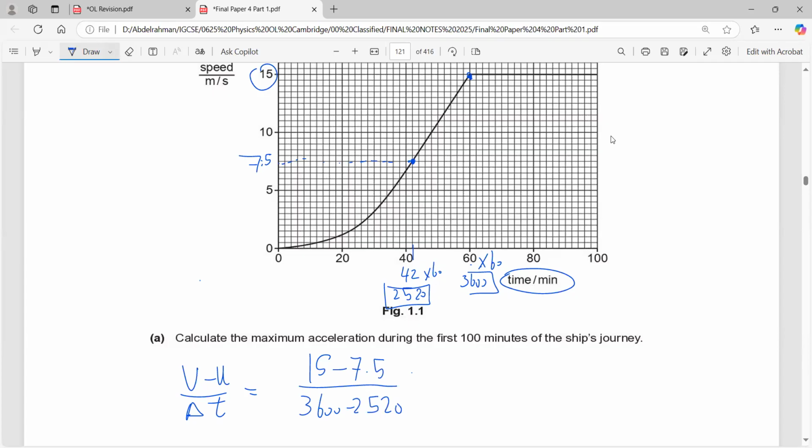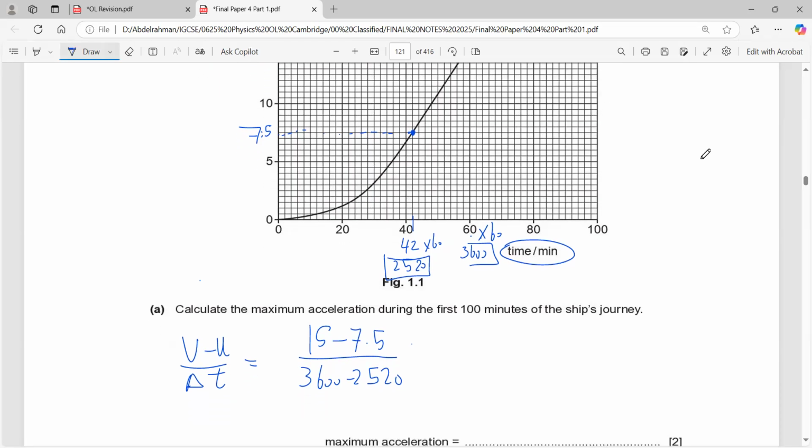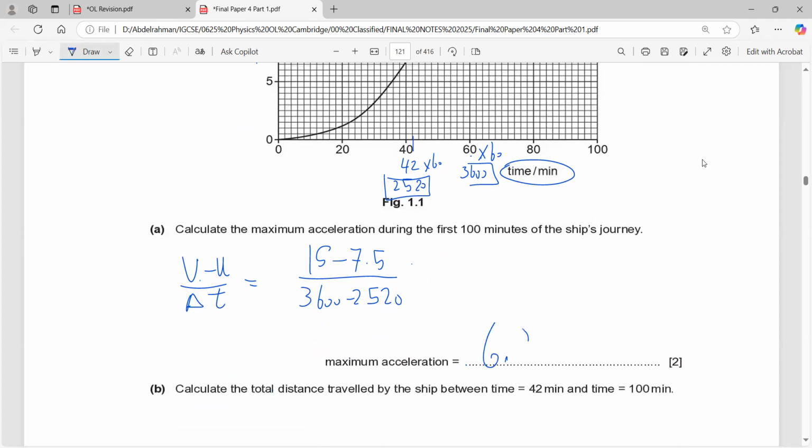It would be a very, very small number. 7.5 over 3,600 minus 2,520 gives 6.9 times 10 to the negative 3 meters per second squared. It's a very, very small acceleration.